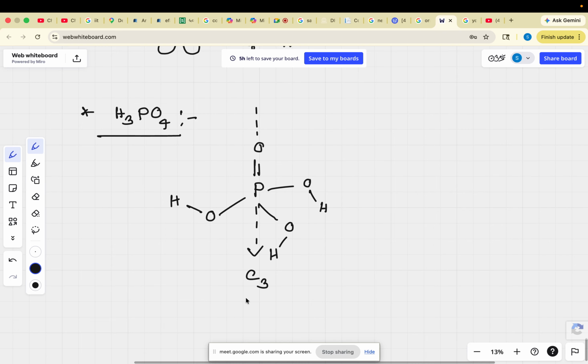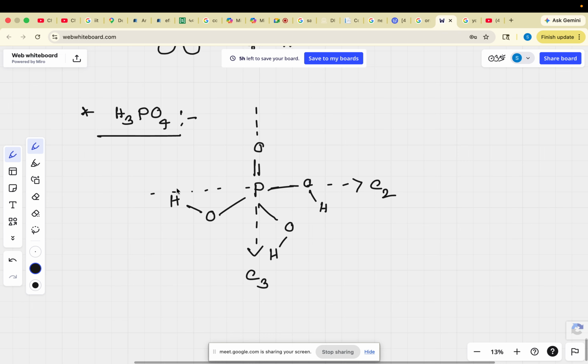Now if you talk about the C2 axis, the C2 axis is not present, because see if you pass one C2 axis from here, this OH will go to that side. That is not an equivalent structure. C2 axis is not present here.